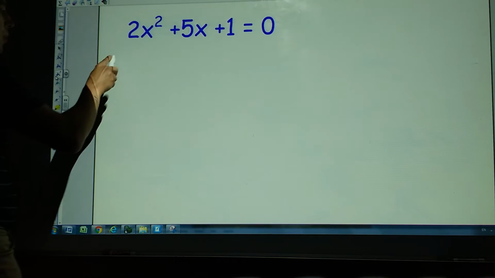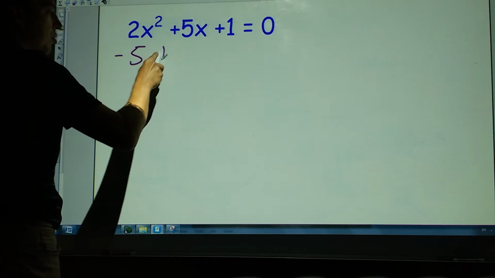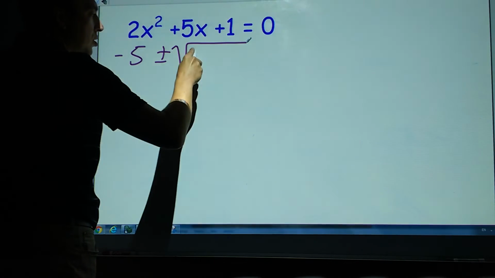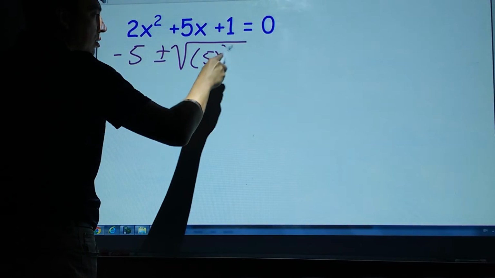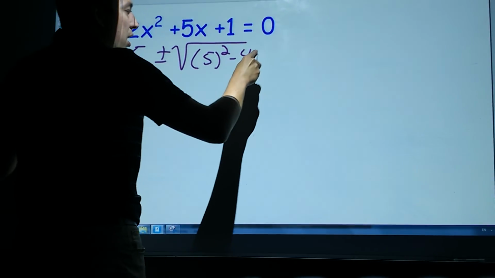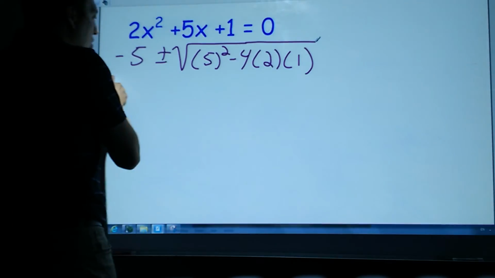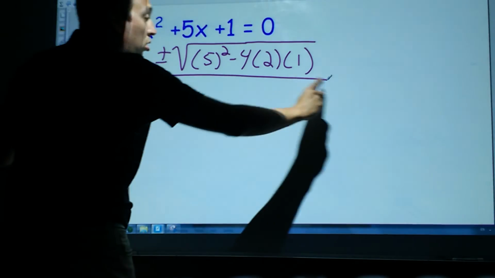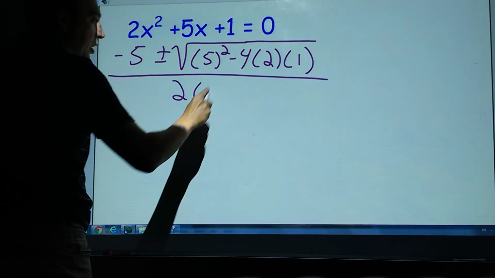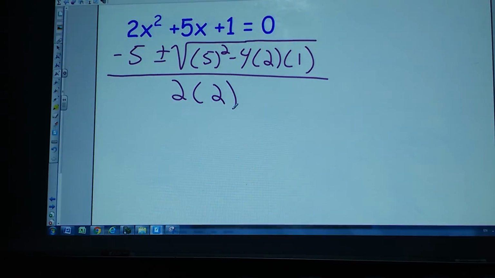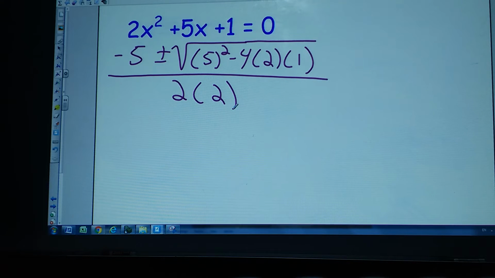So here we go. Minus b plus or minus square root of b squared minus 4ac all over 2 times a. We've done this, so you should be familiar with this.